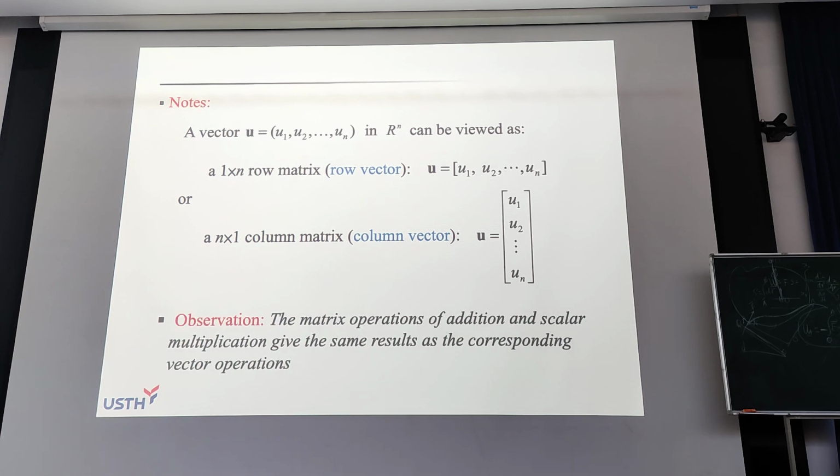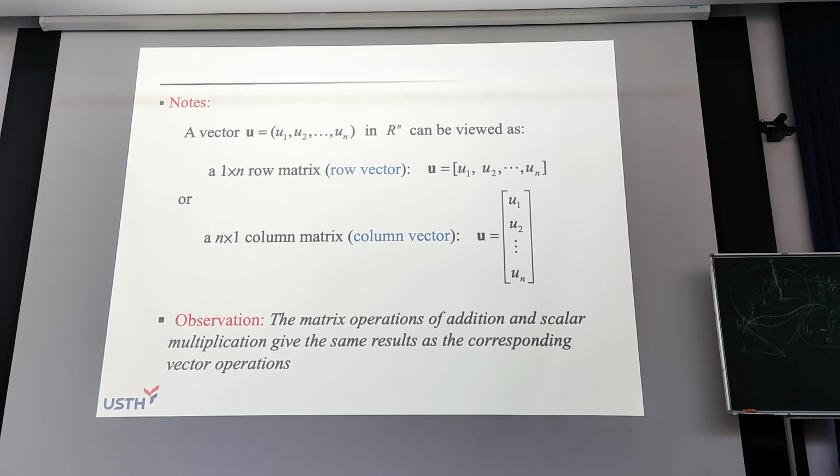And then you can observe by yourself that the operation on matrices u and v here can be the same. We give you the same reason as the operation we do on the vector.